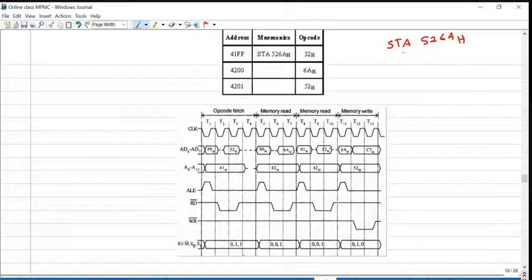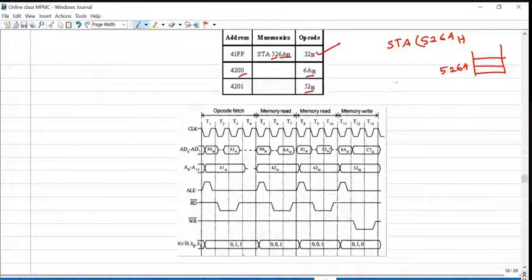Store accumulator content in the memory location 526A. Now, 32 is the hex code for STA 16-bit address. In the next immediate address location, store your lower order address. In the next immediate address location, store your higher order address.